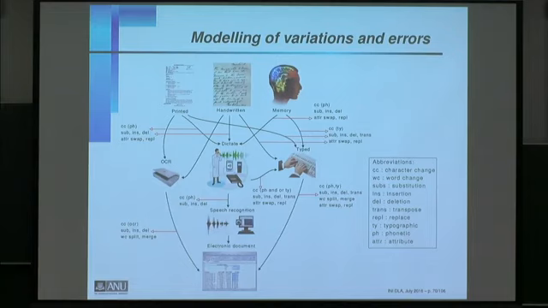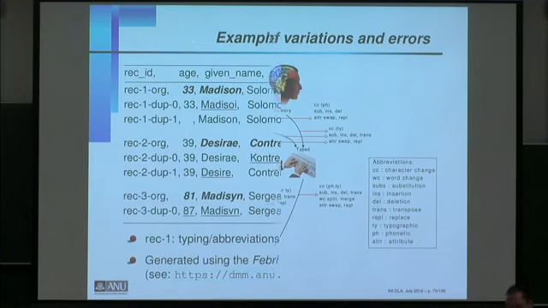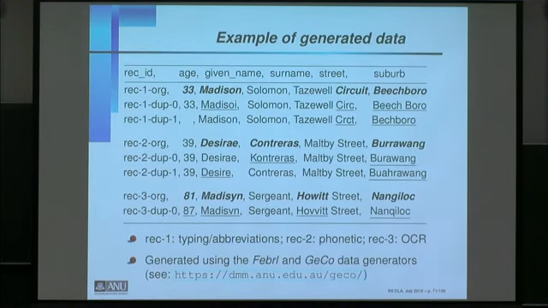It's either changes at the character level, phonetic changes, or optical character recognition mistakes. Based on these characteristics, we then developed a synthetic data generator, which is really about introducing the errors which we would expect in certain situations, right? So here's an example of what we generated.